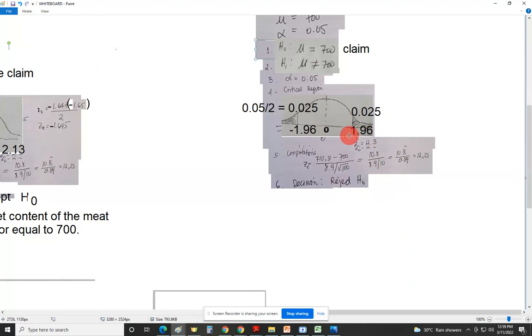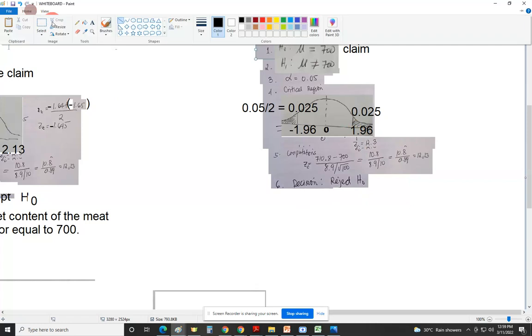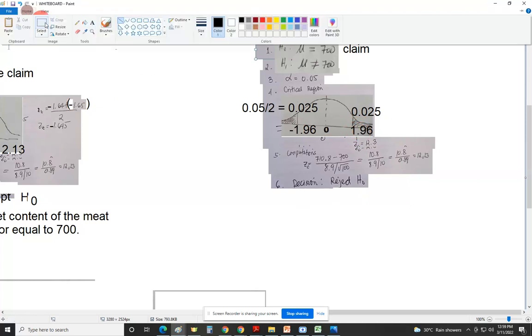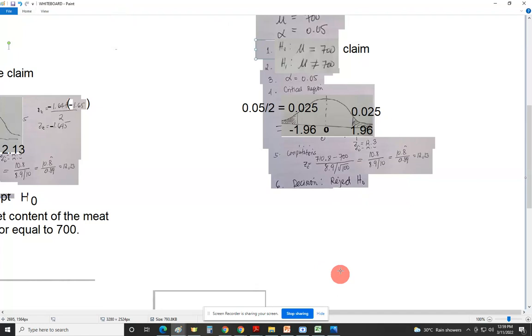Is it beyond or after 1.96 or before 1.96? 12.13. Before or after? Since this is 1.96 na itong point na ito, yung boundary dito. So, is it before 1.96 or after? So, therefore, after 1.96.